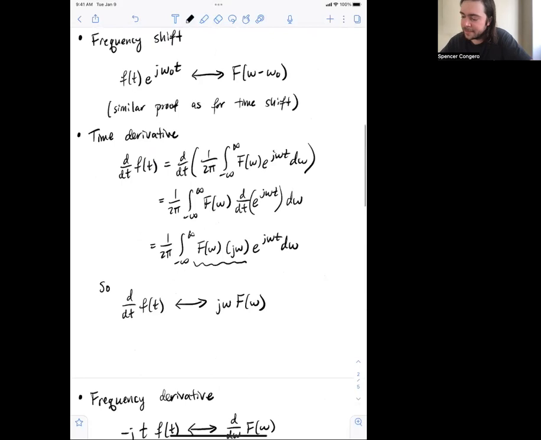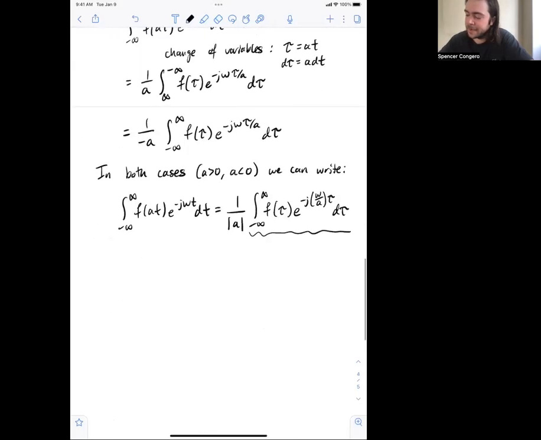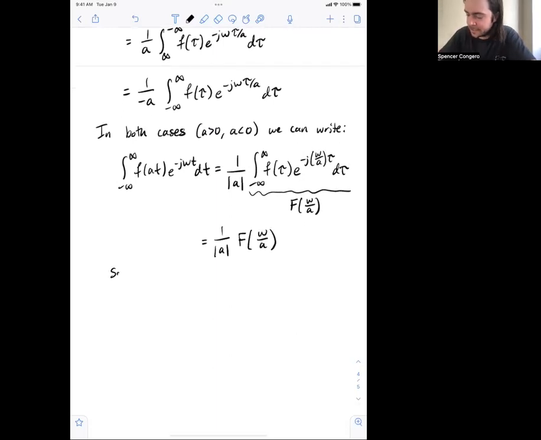If I were to plug in omega over a, I would get an omega over a there. So integral of f of t e to the -j omega over a t dt. And that's exactly what I have here. It doesn't matter whether I use t or tau, but this is F of omega over a. And so all in all, we get 1 over the absolute value of a times F of omega over a. Okay, so I'll just summarize this.